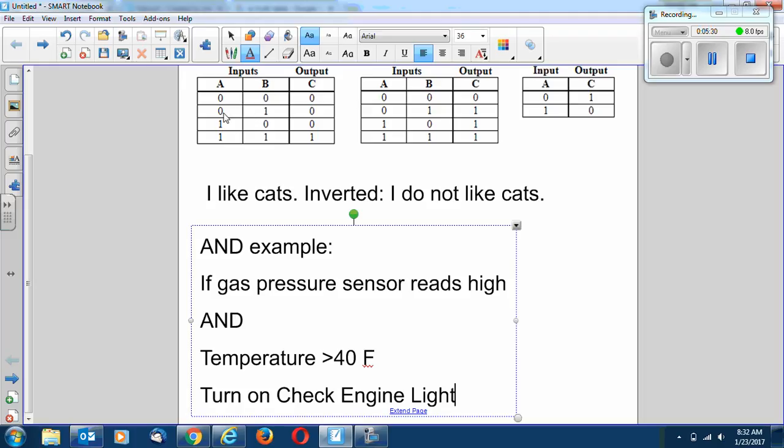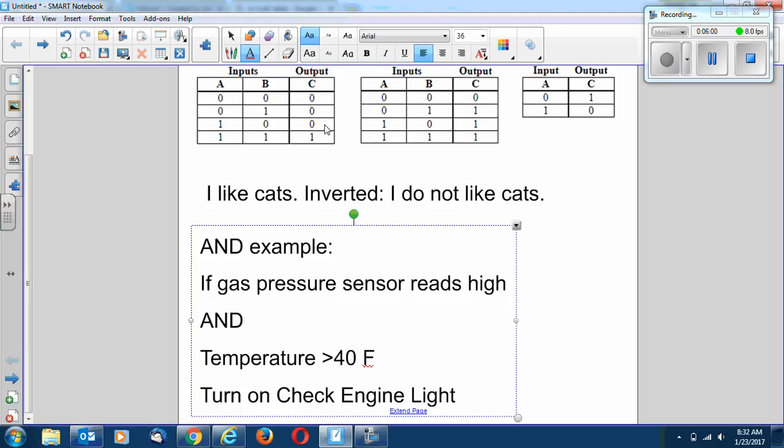Well, over here, the gas pressure reads low, but the temperature reads high. Well, once again, there is no reason for check engine light to turn on because the gas pressure is low. That's what it's supposed to detect. What about over here? The gas pressure is high and the temperature is low.